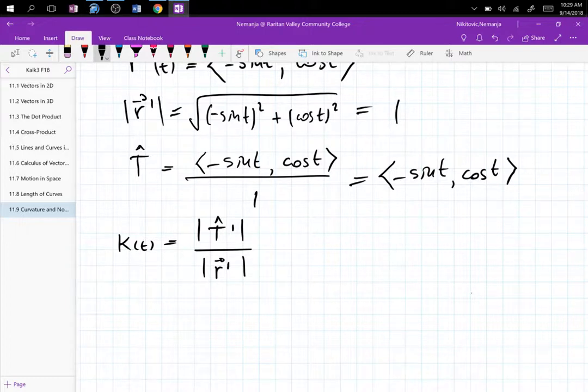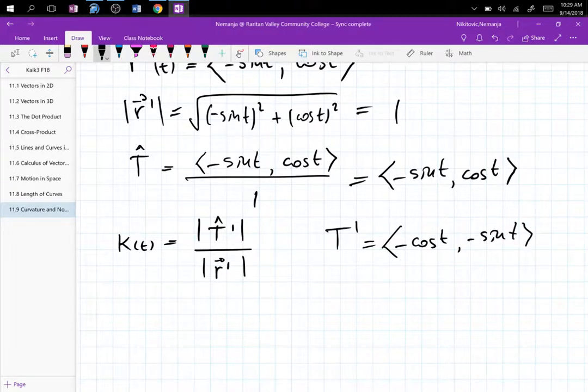We just have T. So T prime is negative cosine t, negative sine t. And now curvature is the magnitude of T prime. That's going to be again the square root with sine squared, cosine squared. It's all 1. R prime, we said, is 1. And the answer is 1. What's the curvature of the unit circle? It's 1.